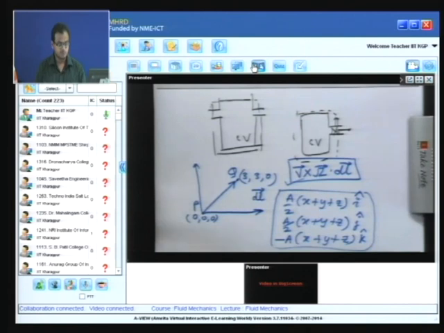From the data in the problem, you need to find out whether or not you can apply Bernoulli's theorem to find out dP between points P and Q. It is a straightforward calculation which you should be able to do on your own.